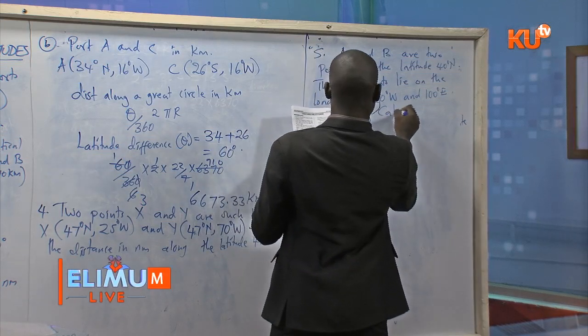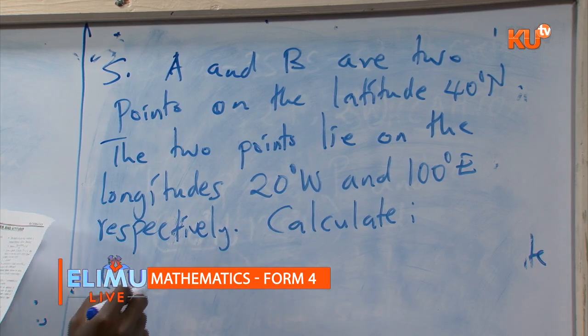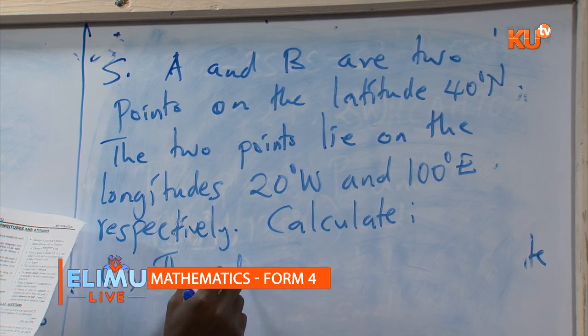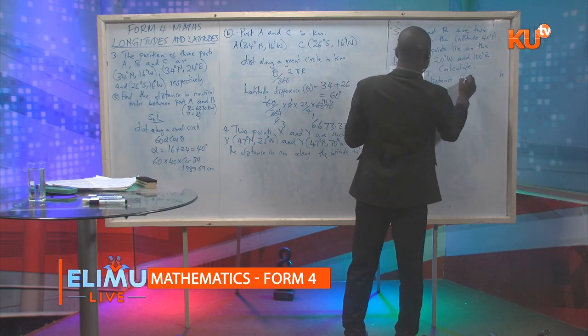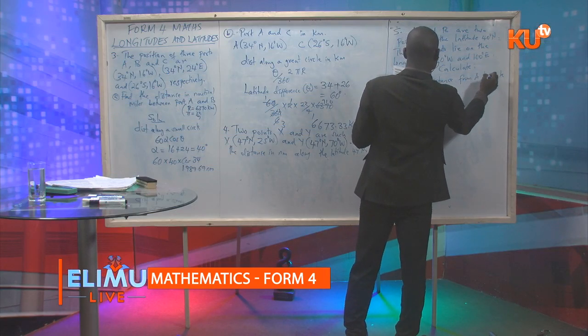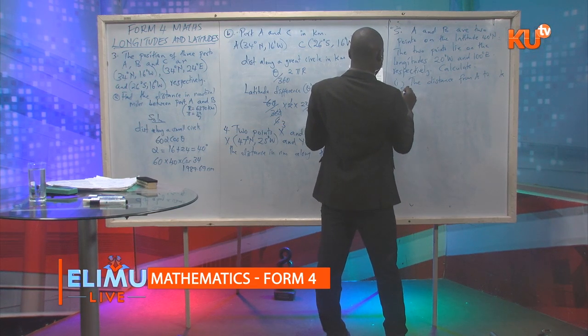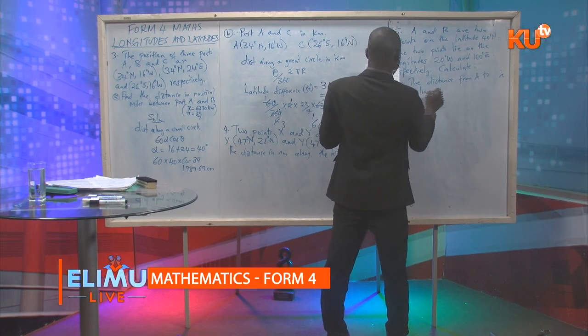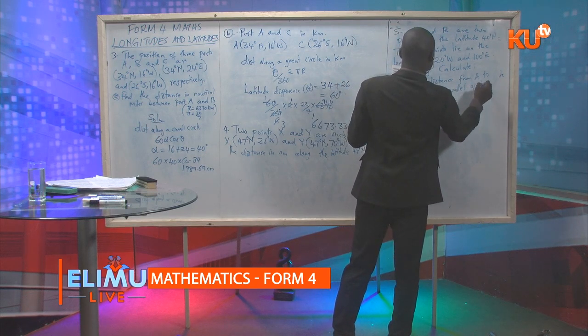So you are told to calculate, number 1, the distance from A to B along a parallel of latitude.